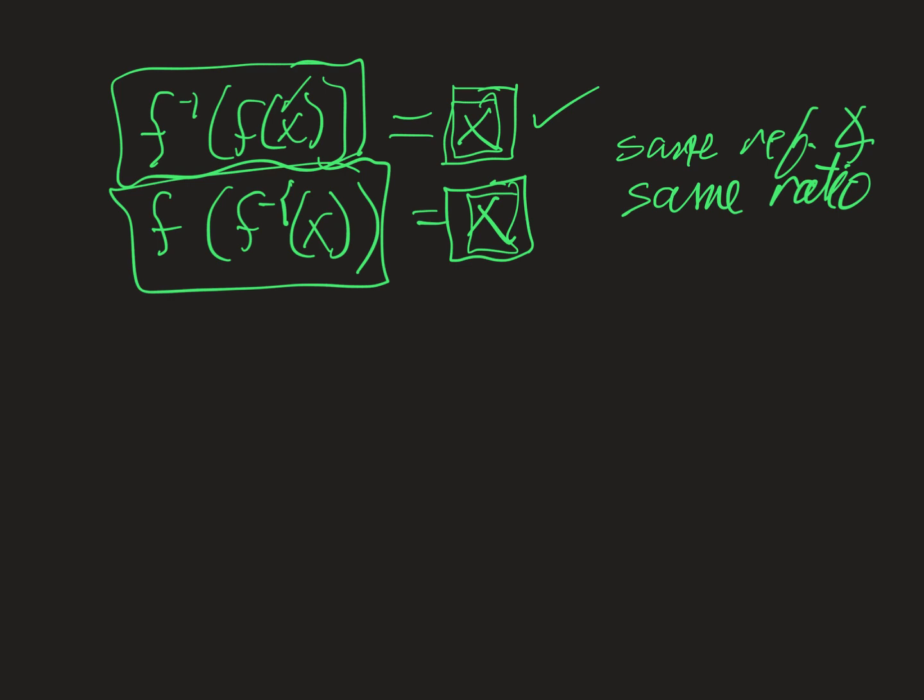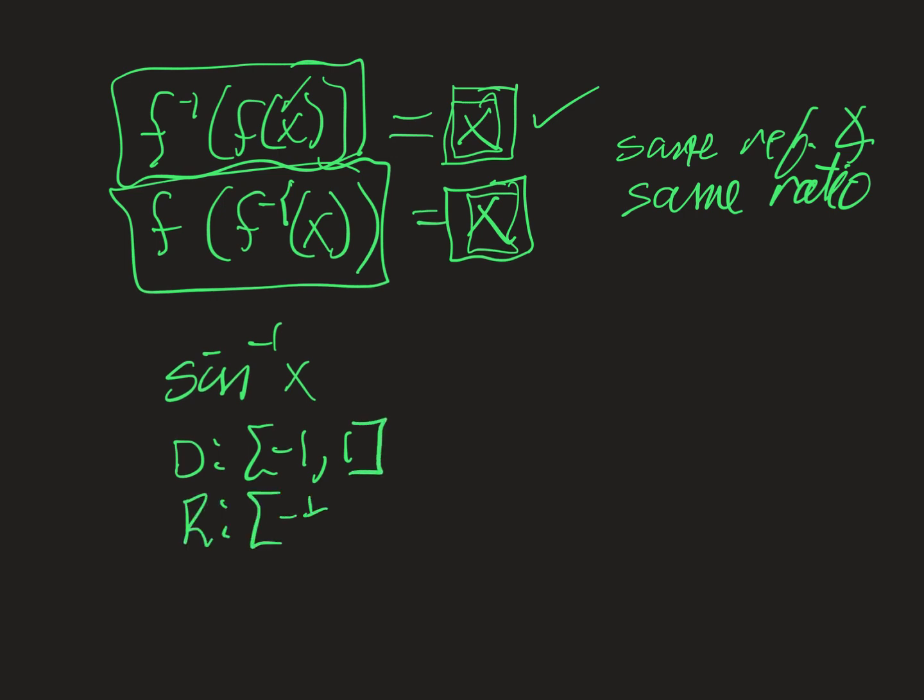If you noticed on the earlier graph, the inverse sine of x, its domain is -1 to 1, but its range, the answer you get out after you take the inverse sine of an expression, is always -pi/2 to pi/2.